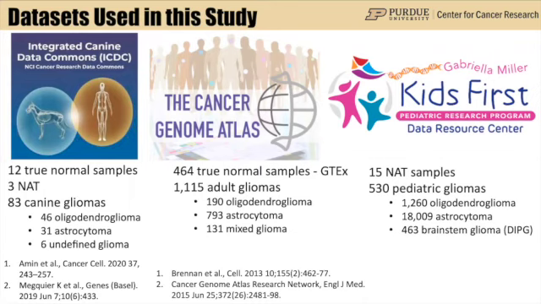It's from the Integrated Canine Data Commons, or ICDC, which is a data commons that contains a number of canine samples that have some sort of cancer diagnosis. In this case, there were 83 canine gliomas in this data set. There were 31 astrocytomas, 46 oligodendrogliomas, and 6 undefined gliomas.